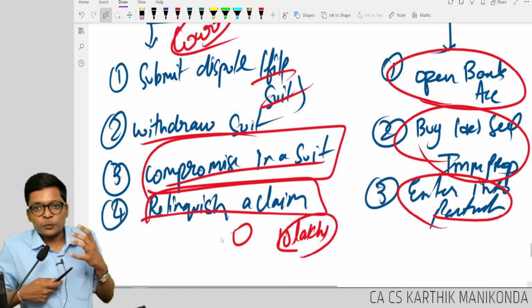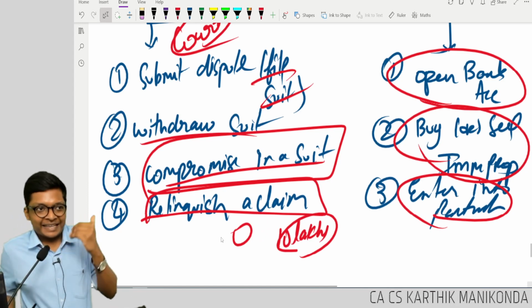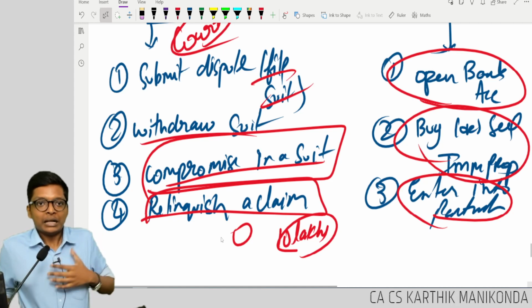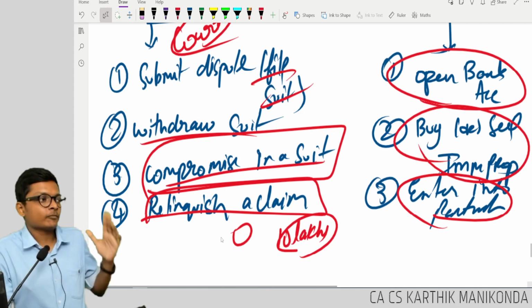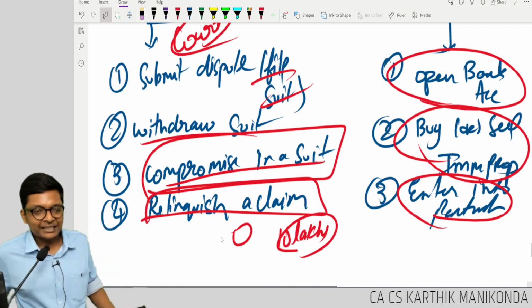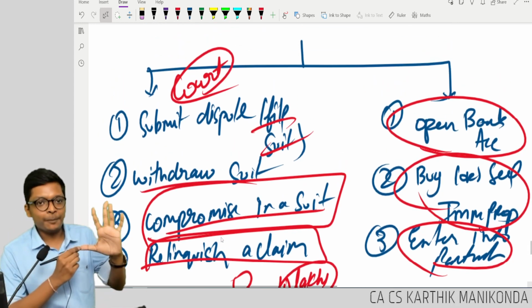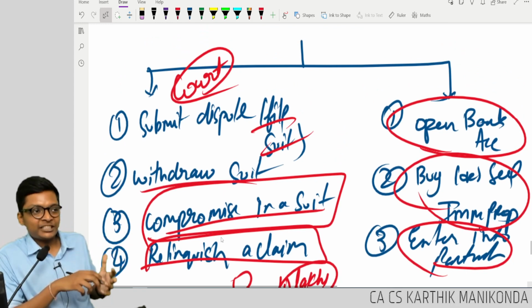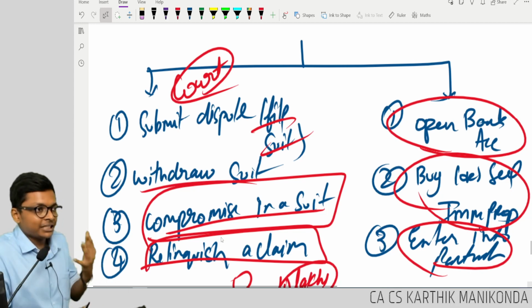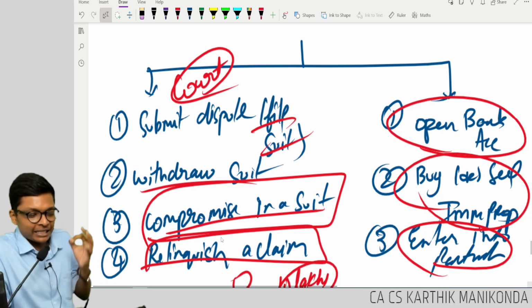Let's say Mitansh has to pay me 10 lakhs. Firm has filed a case against Mitansh. Now, relinquish means I am saying don't pay, leave it, foregoing the claim. So what I can't do with respect to court, guys? Submit dispute, withdraw dispute, compromise in a suit, relinquish a claim. Are you following? These 4 things cannot be done.